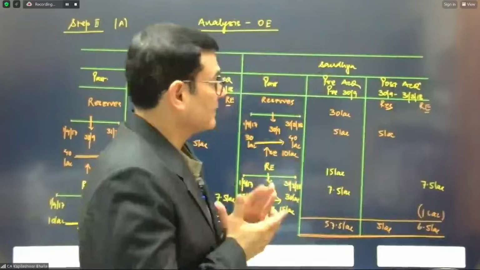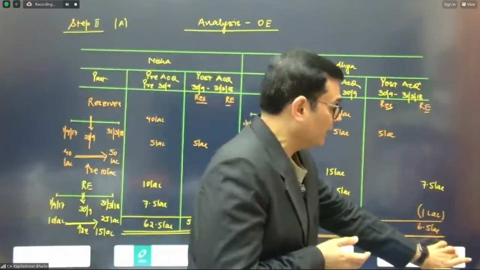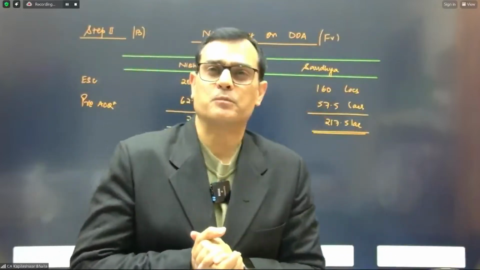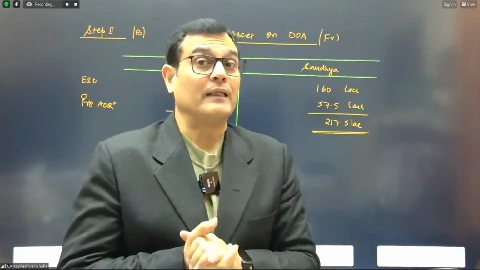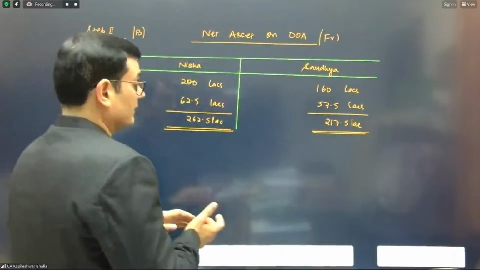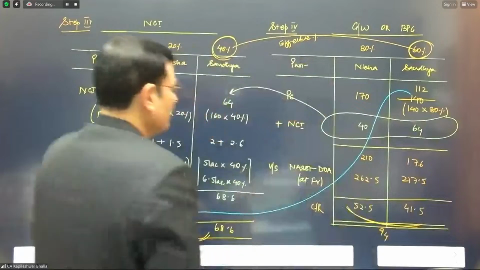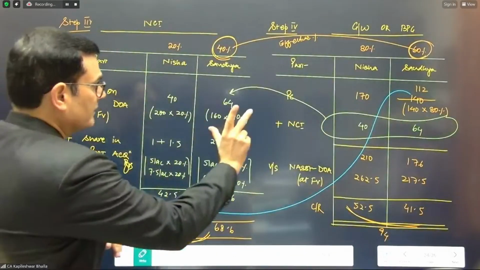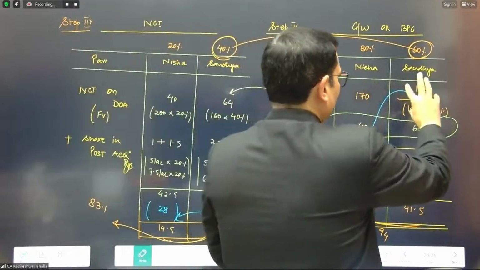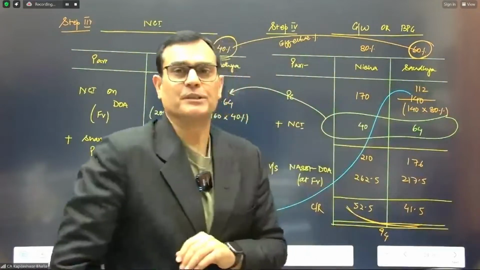Any inputs in step number 2A or 2B? No, there's nothing special in step number 2. The only thing to be done is in step 1. Then in step number 3, yes, you need to remember to reduce the money funded by the NCI. In step number 4, you need to remember to take only the effective percentage.